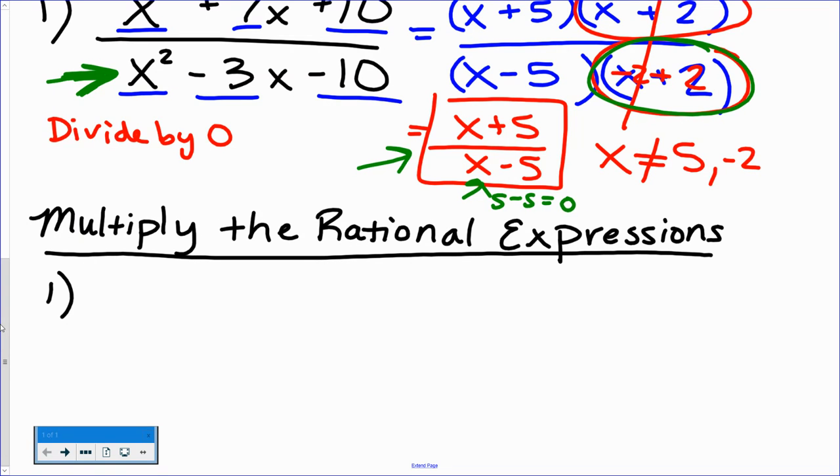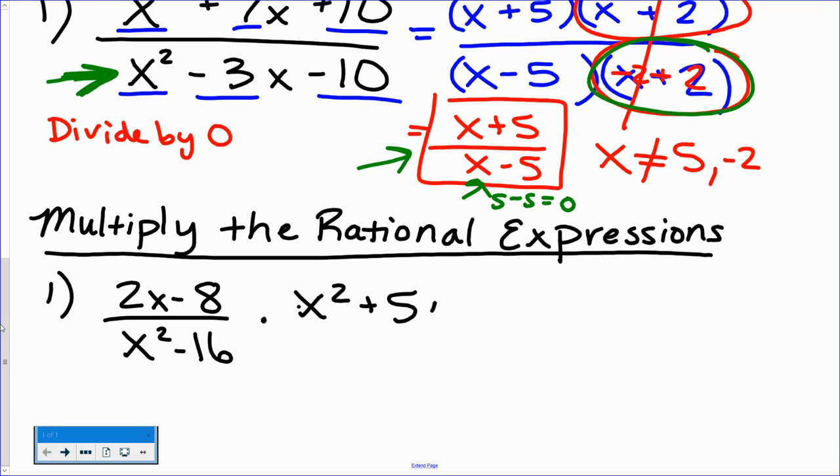All right, so this example would be 2x minus 8 over x squared minus 16. That's one rational expression, and we are going to multiply it by x squared plus 5x plus 4 divided by x squared plus 8x plus 16.